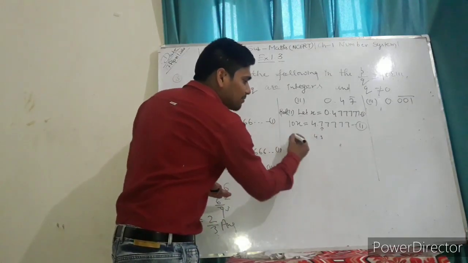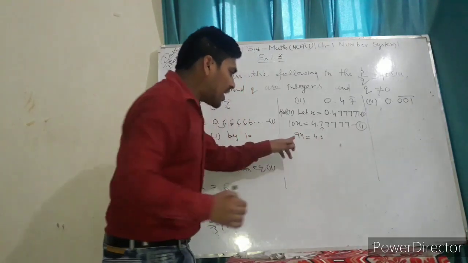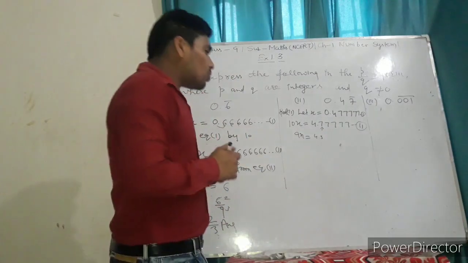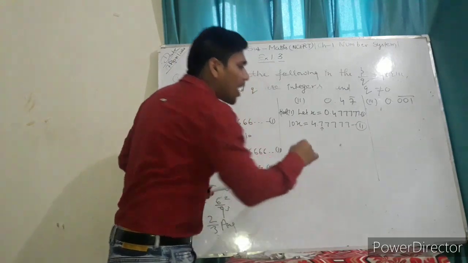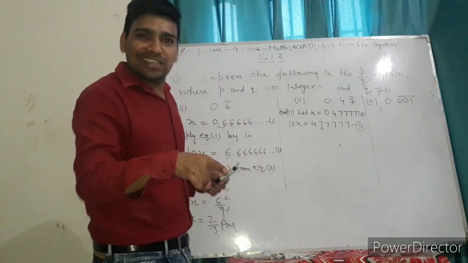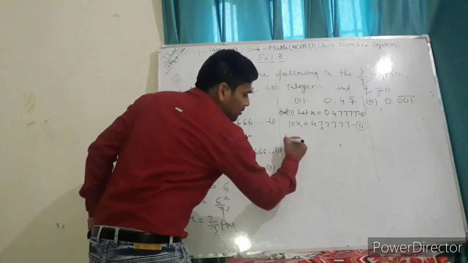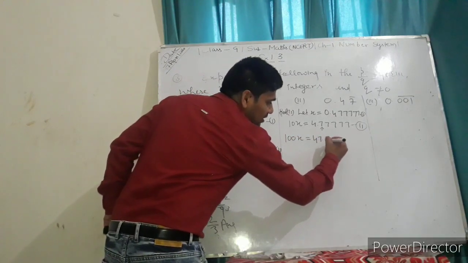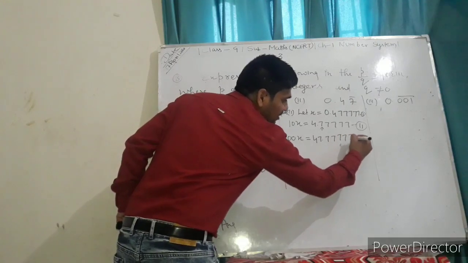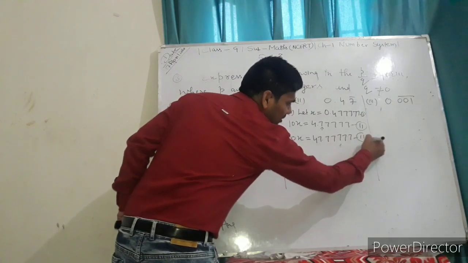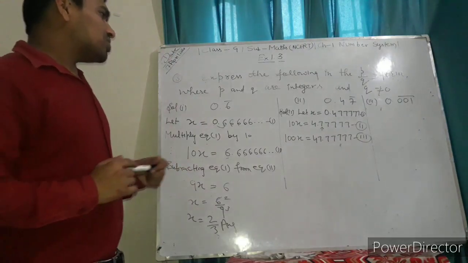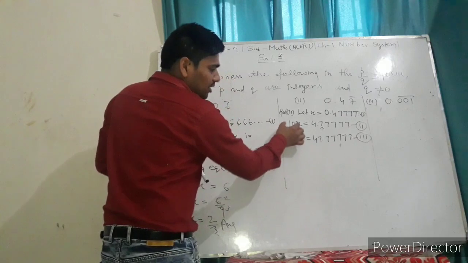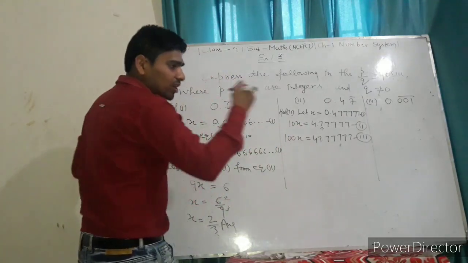If you directly subtract here, the result will be 9x is equal to 4.3. Again you have to remove the decimal. So I again multiply it by 10. So this becomes 100x is equal to 47.7777, equation 3.